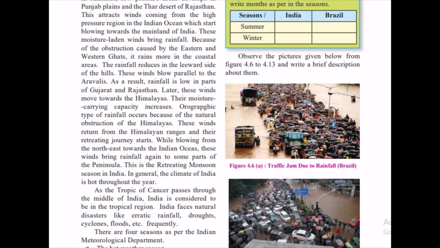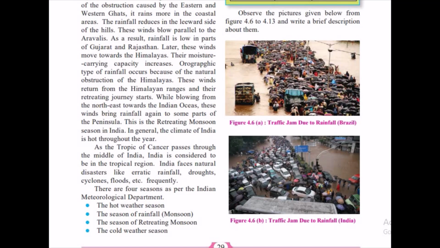Later, this wind moves towards the Himalayas. The moisture carrying capacity increases. Orographic type of rainfall occurs because of the natural obstruction of the Himalayas. These winds return from the Himalayan ranges as their retreating journey starts. While blowing from northeast towards the Indian Ocean, these winds bring rain again to some parts of the peninsula.